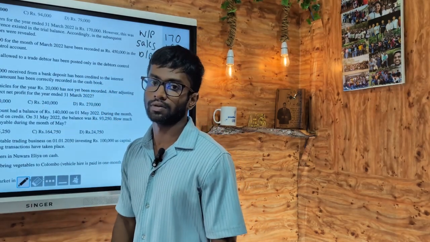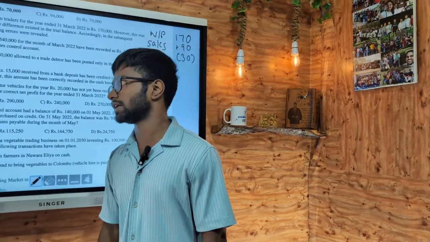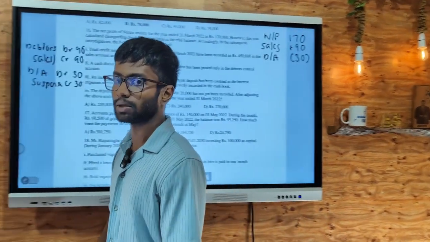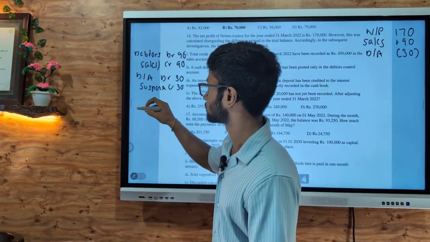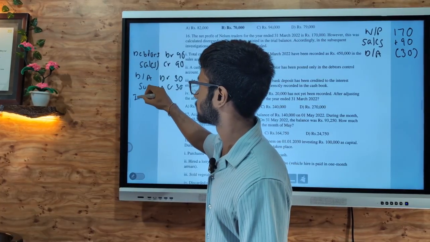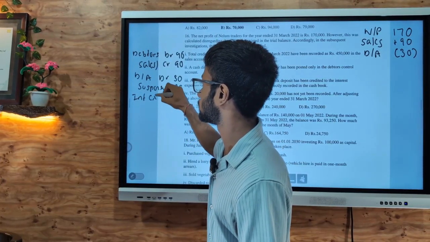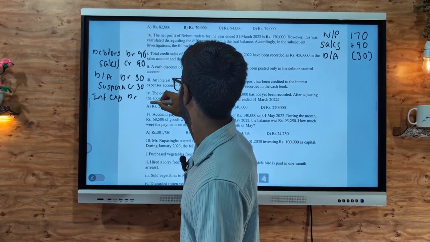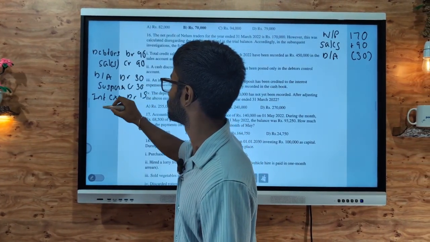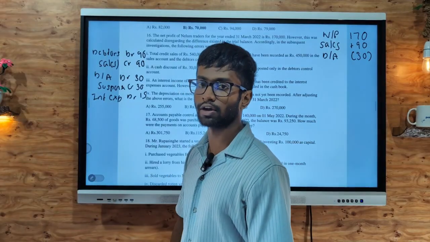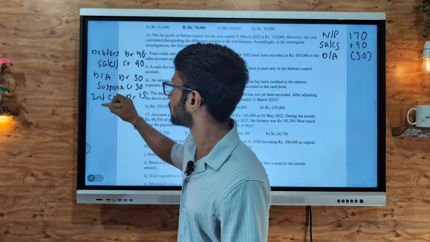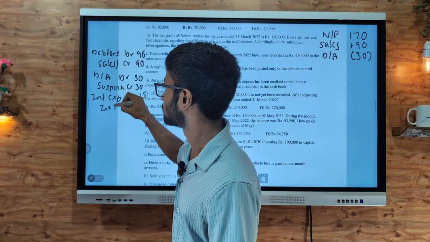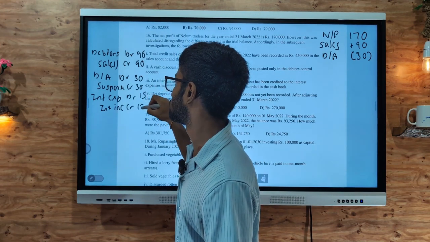No. So an income we have gone and recorded as an expense. So first what we have to do is remove this from the expense account. So if you went and credited it, to remove it, interest expense should be debited by 50. And since you didn't record the interest income, you have to record the interest income. Interest income credit 50.